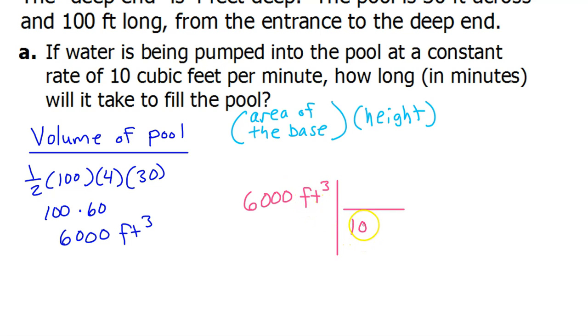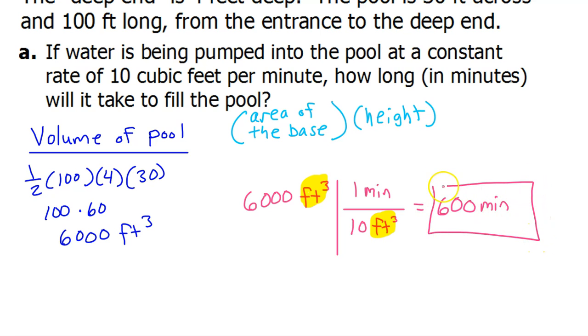So I'm going to put my 10 cubic feet in the denominator and my 1 minute in the numerator. So multiplying straight across and simplifying, the feet cubed, the units, will cancel each other out, leaving behind only minutes. So this part is gone. 6,000 divided by 10 is 600. So 600 minutes. All right, no calculus for that one.